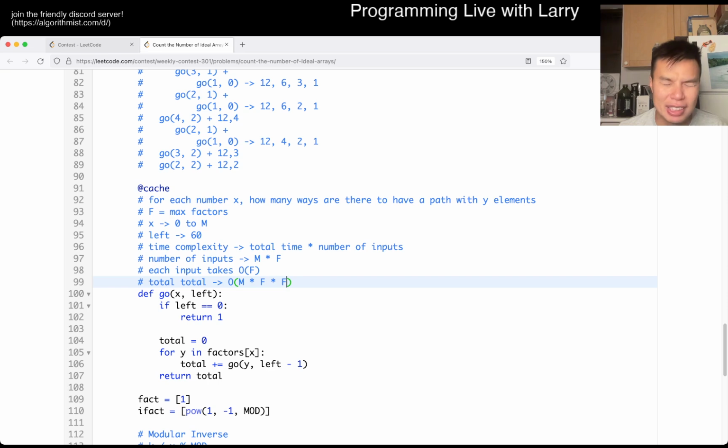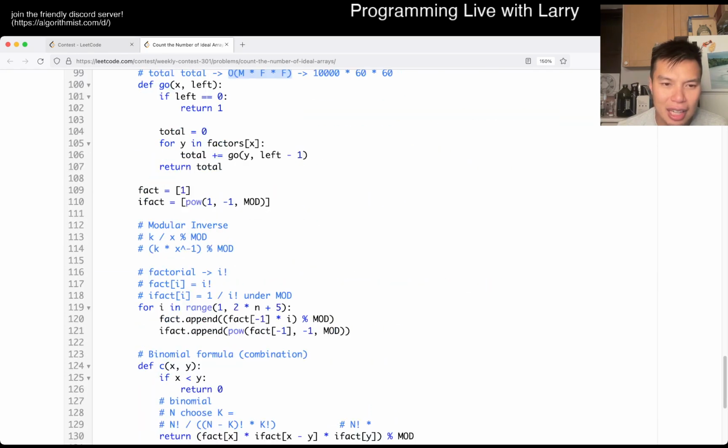And of course, like I said, most numbers are actually even smaller and have fewer factors. So this is not a tight bound, but this is just 10,000 times 60, which is actually 36 million. It's a little bit high, but most of these will not be reachable, so that's why this is good enough.